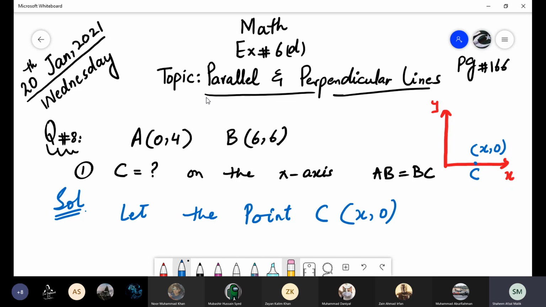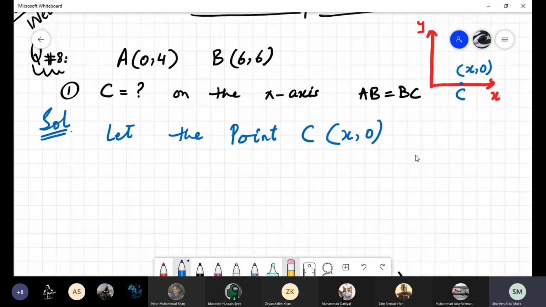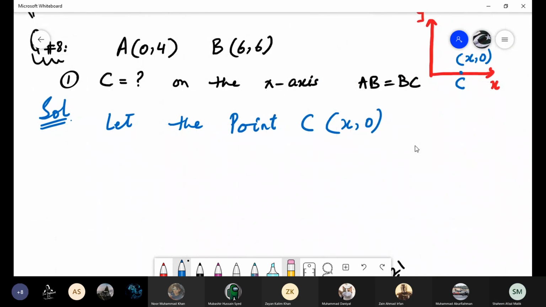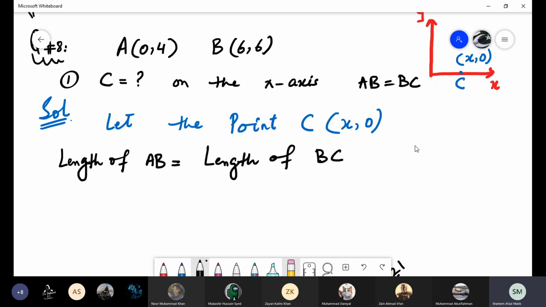Then we have to find the length of AB and keep the length of AB equal to the length of BC. What's the formula for the length of AB and the length of BC?